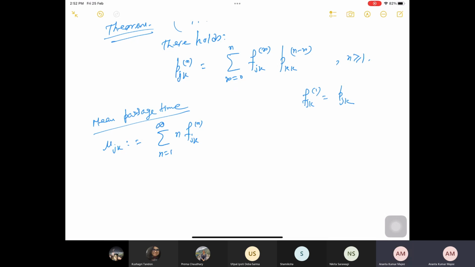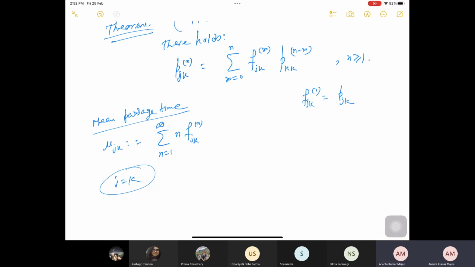Okay, what is the mean time? Because this is a random variable. So as I said, we are interested in j equal to k, which is the more interesting case. In that case, what is f_jj(n)? It represents nothing but the distribution of the recurrence time of state j.